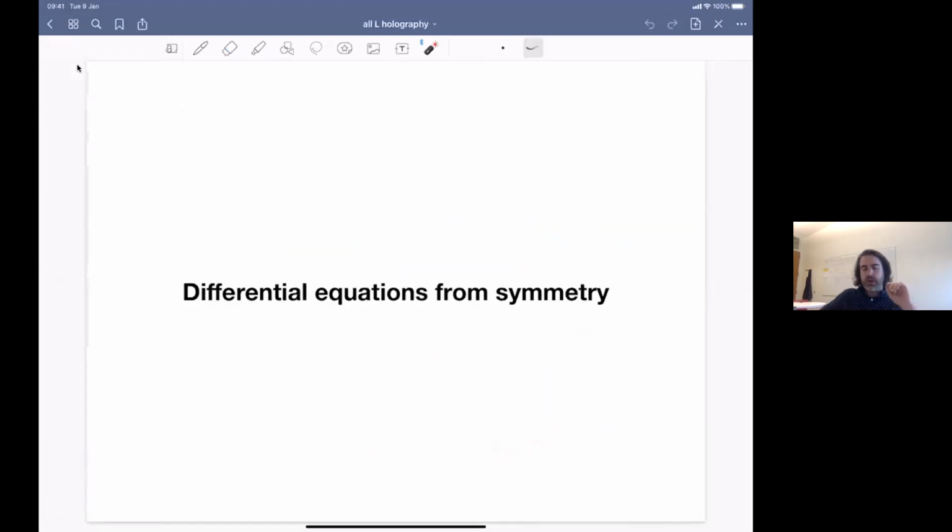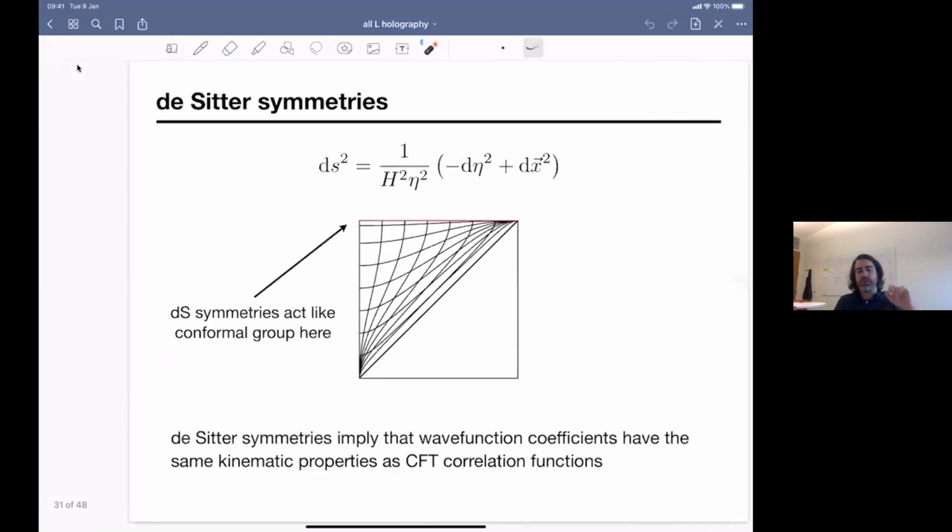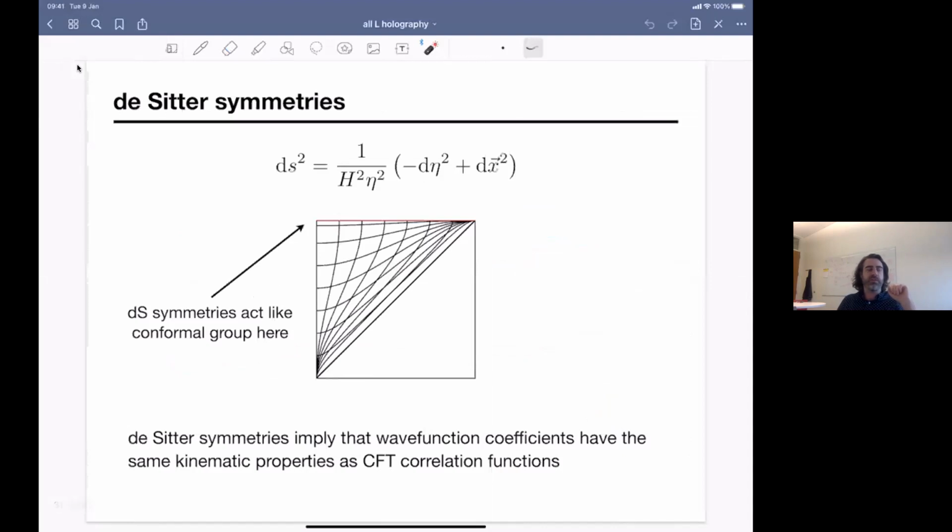This philosophy is probably more in line with the holographic philosophy, which is that we're going to try to exploit the symmetries of de Sitter space in order to find the differential equation that the wave function has to satisfy. I don't need to remind this audience, but if I have a de Sitter spacetime, the de Sitter group acts like the group of conformal transformations at late times on the future boundary of de Sitter space.